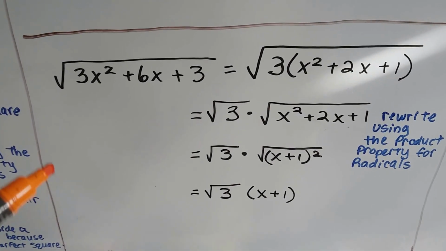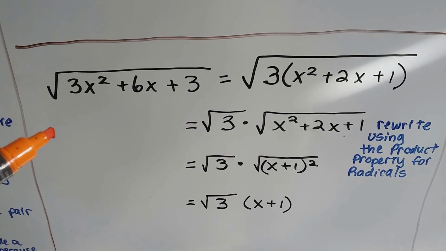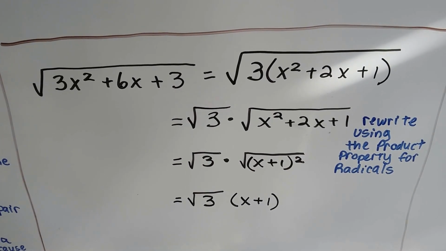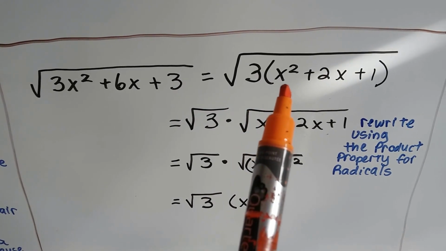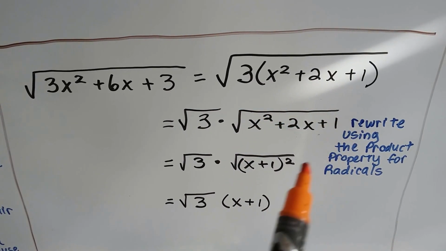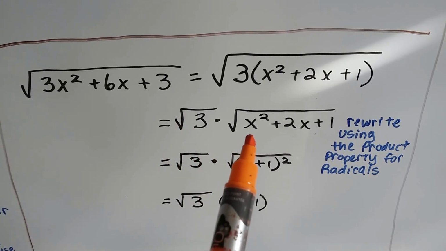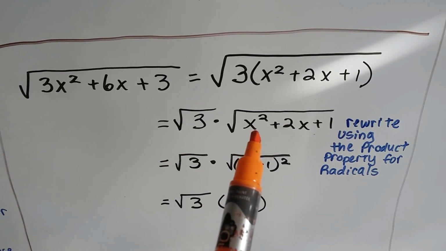Now we've got this big polynomial. Look at this. We've got the square root of 3x squared plus 6x plus 3. We can factor this as 3 times x squared plus 2x plus 1. We can pull them apart as the square root of 3 times the square root of x squared plus 2x plus 1.